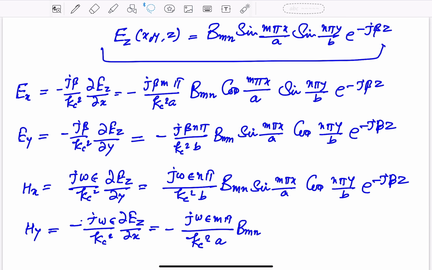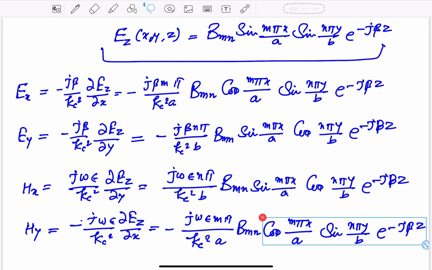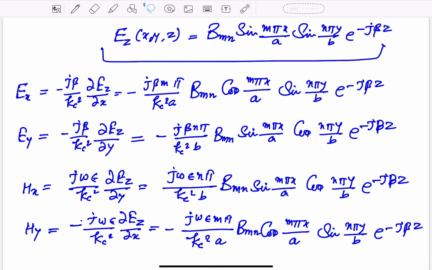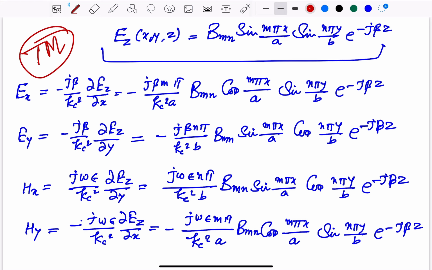So right now we estimated all 5 components associated with the TM mode, imposing the proper boundary conditions of the rectangular waveguide. Hopefully this is clear to all.